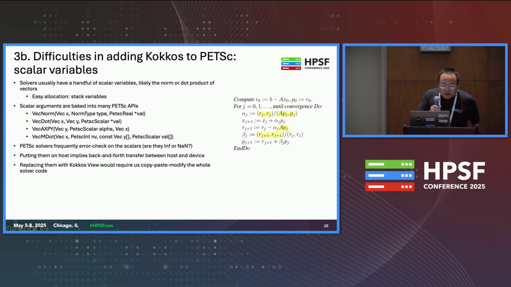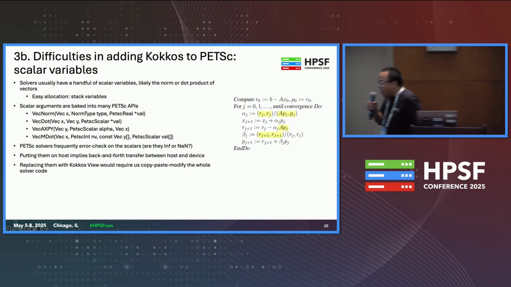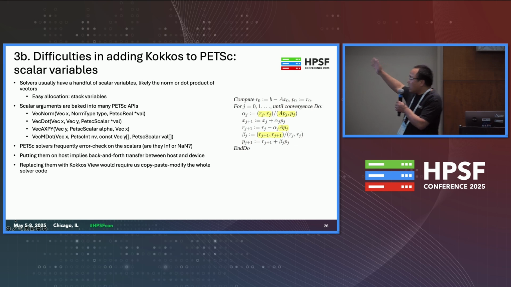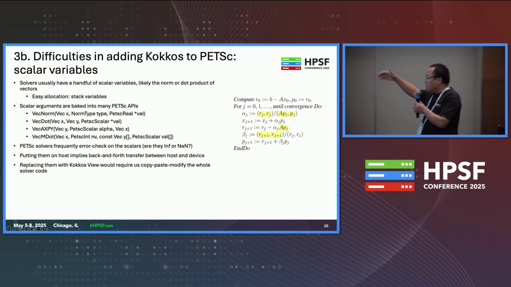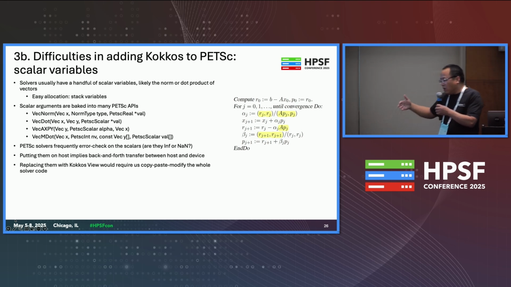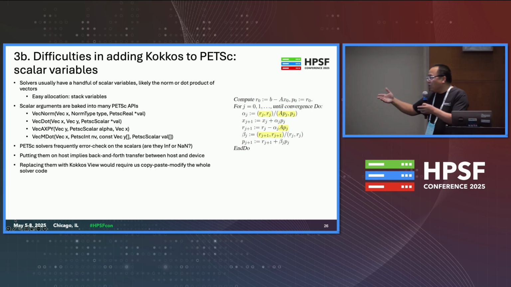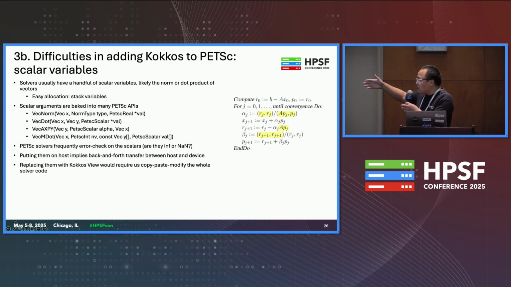A second difficulty is that we don't know how to deal with scalar variables. On the right side, I show a CG algorithm. You can see in these solvers, we usually need to compute the norm or dot product on vectors, and currently these scalar variables are stored on the host as stack variables.